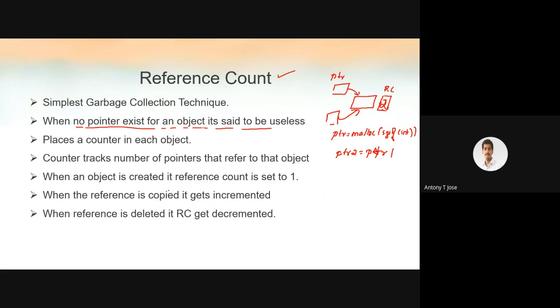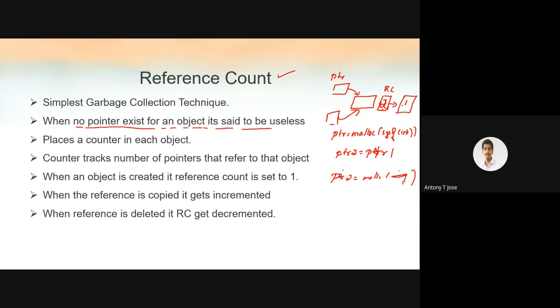And if one of the references is deleted, or if ptr2 is changed from ptr1 to some other value, for example ptr2 = malloc(sizeof(int)), the reference count will be reduced from 2 to 1.